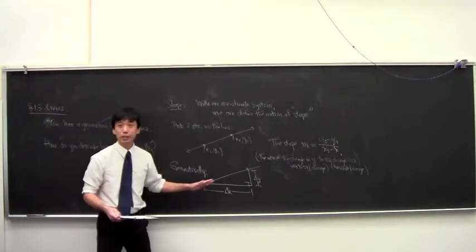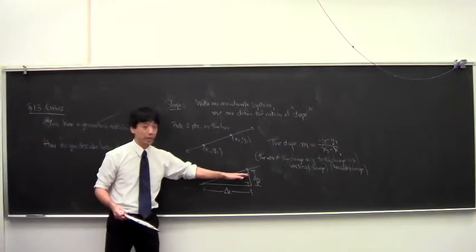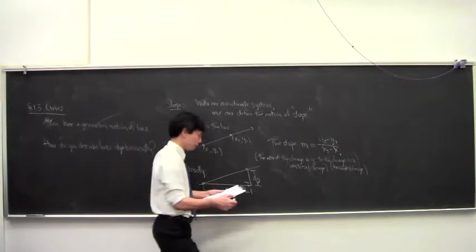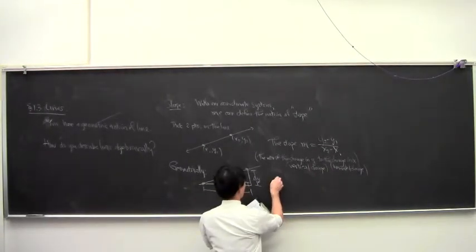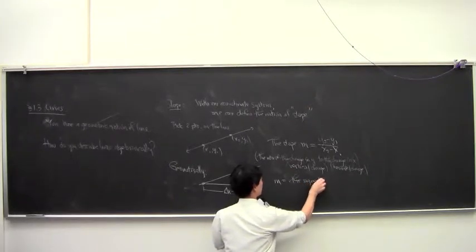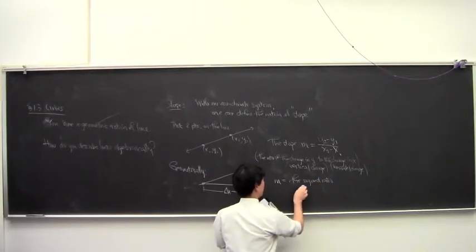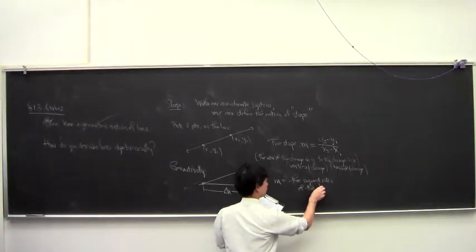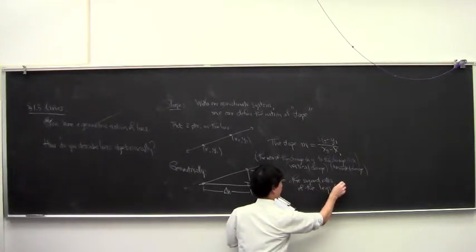It is the ratio of the change in y of this leg of the triangle to this leg of the triangle, the ratio of the legs of the triangle.